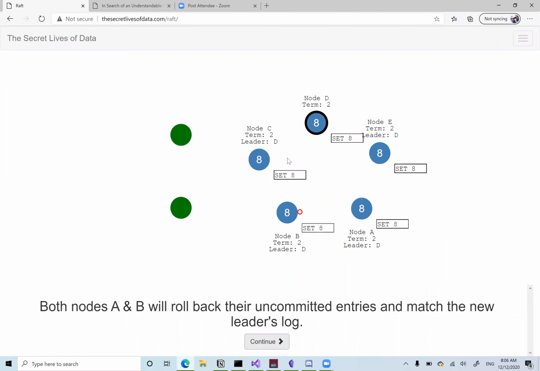Did I answer your question? Yeah. Okay. So they don't know the network is partitioned until they talk to node D, and then they get the up-to-date value.